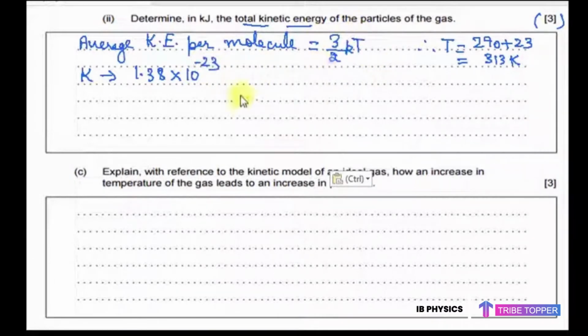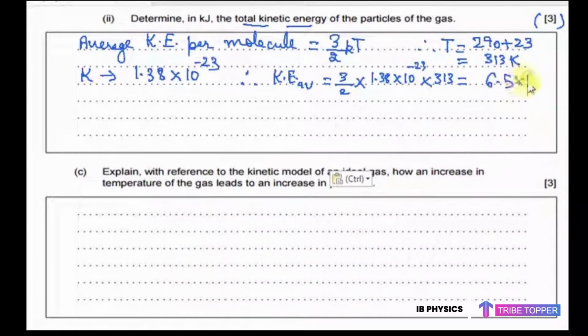So we have both the values, therefore we get the average kinetic energy. You will write as KE average per molecule is 3 upon 2 times k, that's 1.38 times 10 to the power minus 23 times T, that is 313. So multiplying this, you would get 6.5 into 10 to the power minus 21. Now this is the average kinetic energy per molecule.